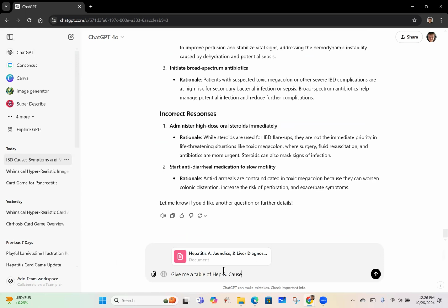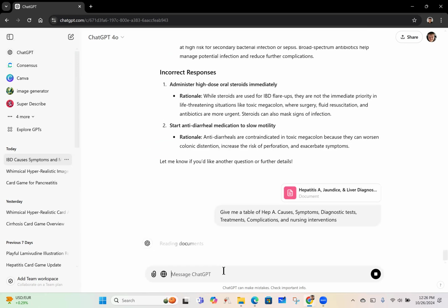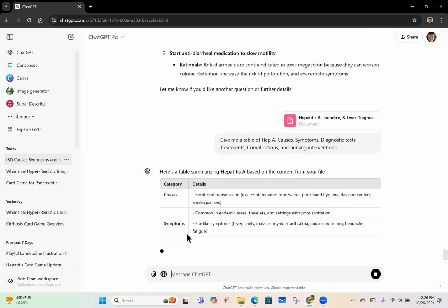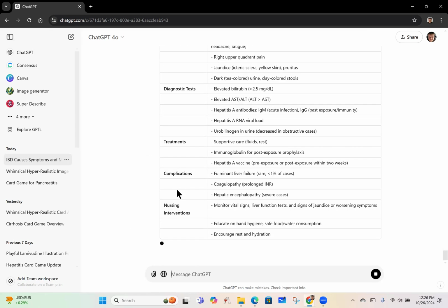So we say causes, symptoms, diagnostic tests, treatments, and complications, and nurse interventions. And I like to have everything in one cell.